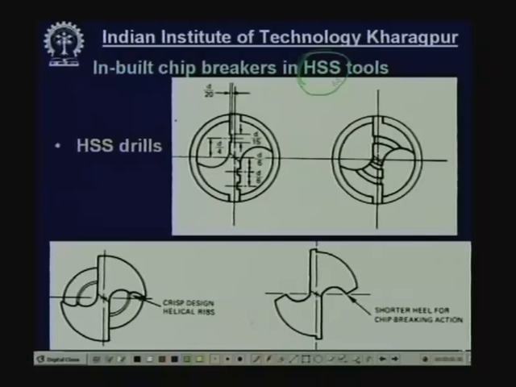For what reason? Because high speed steel, though not comparable to carbides or ceramic in respect of hardness or wear resistance or chemical stability, has certain unique properties such as the transverse rupture strength, which is a very important property for a cutting tool, then the fracture toughness, it is easy to form, that is formability, then grindability and low cost.